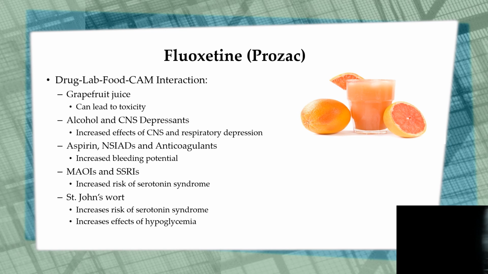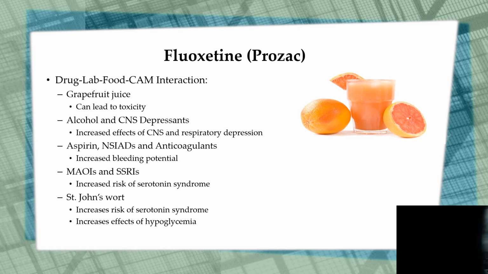Alcohol and CNS depressants: if on Prozac and they consume alcohol, it increases the effects on the central nervous system and respiratory depression. So make sure they are educated and should avoid taking alcohol.